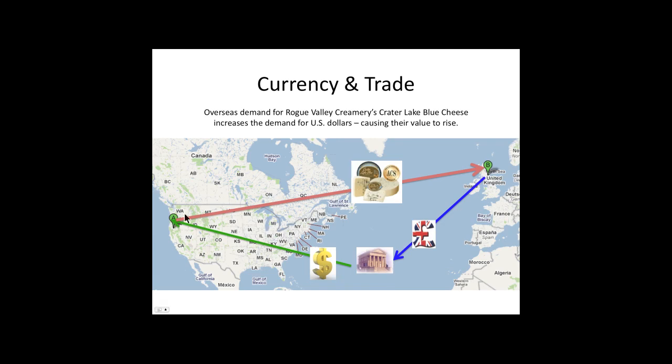So this act of exporting cheese from the United States, from Oregon, over to Edinburgh, Scotland, starts a process that increases the demand for US dollars. As the note says at the top, overseas demand for Rogue Valley Creamery's Crater Lake blue cheese increases the demand for US dollars, causing their value to rise.